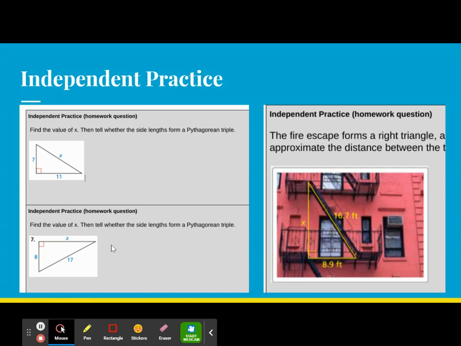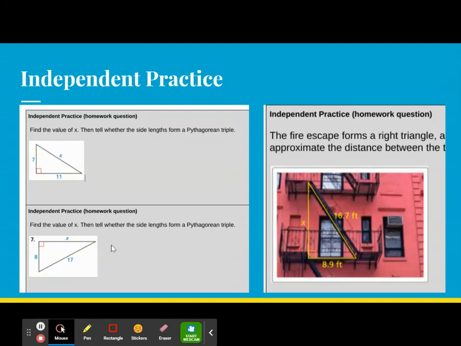All right, so what you need to do first before you work these out is fill in the missing side lengths. This one here, you've got 7, 11, and x. This one here, you've got x, 8, and 17.